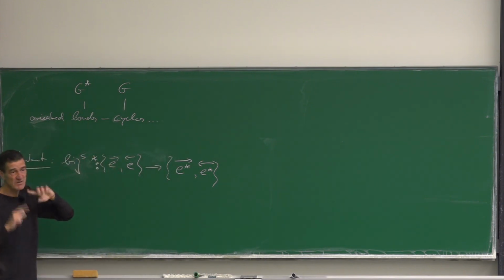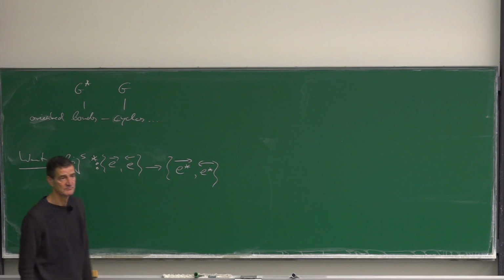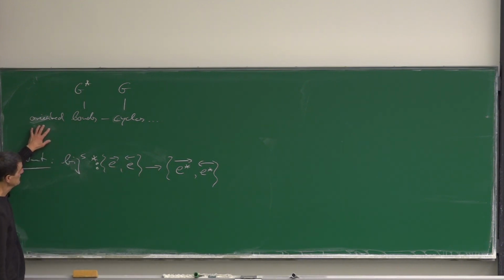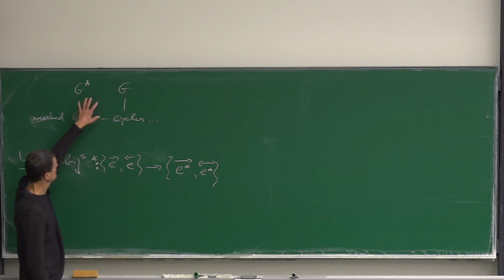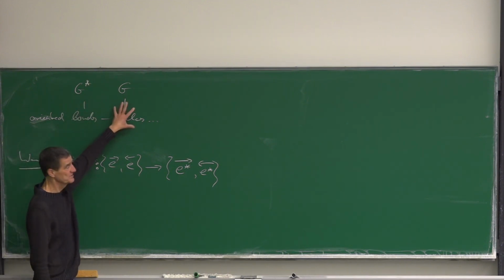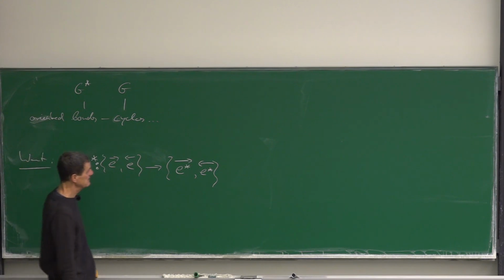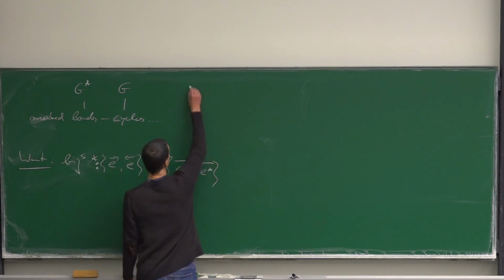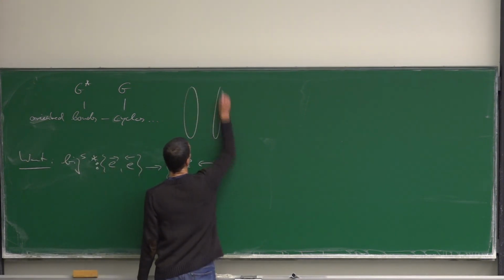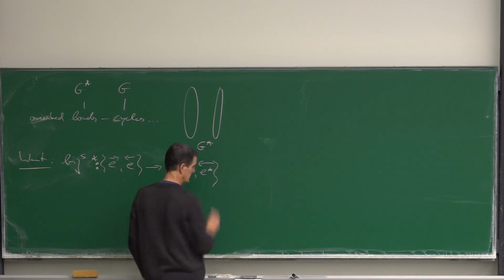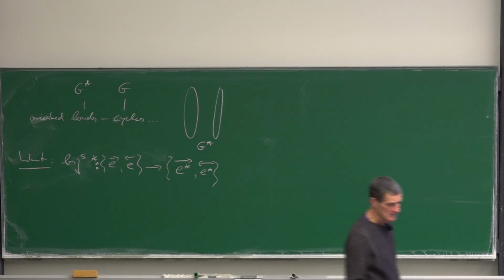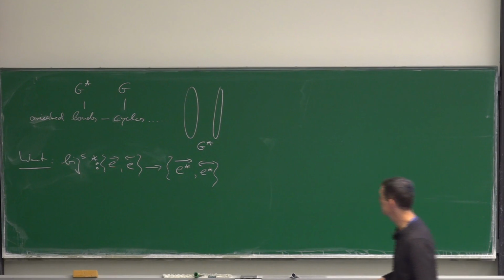To cycles with orientations. Okay? So if we can extend the bijection between unoriented bonds and unoriented edge sets of cycles to oriented ones, then what does an oriented bond in G star give us?